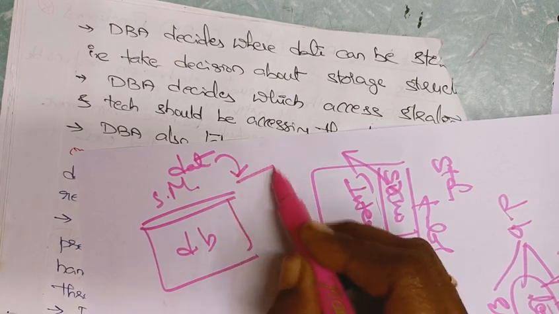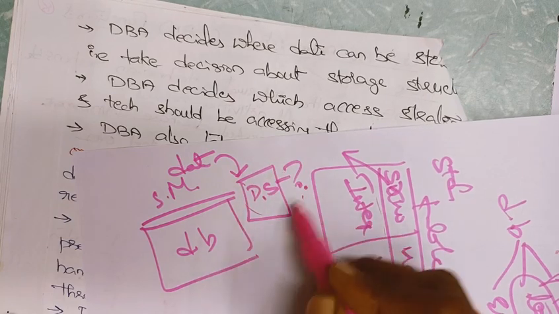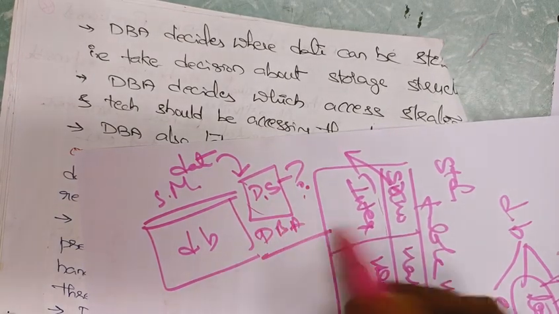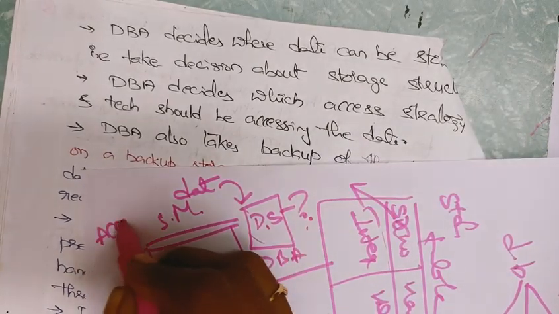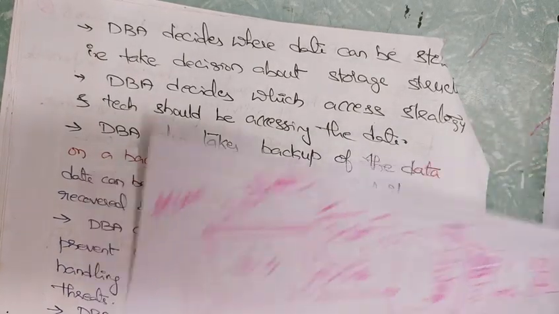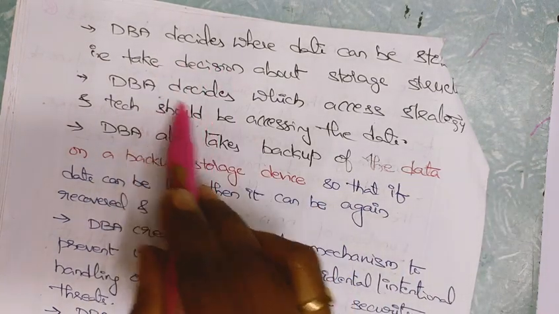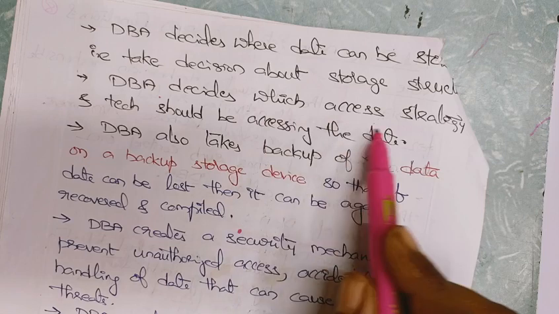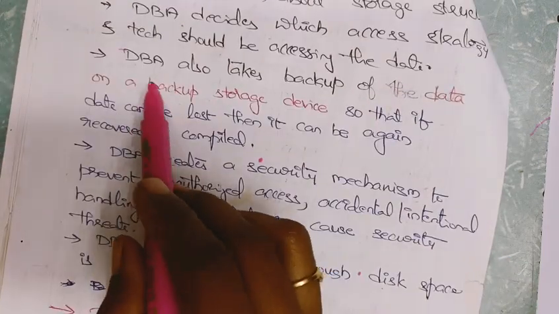To store this data, which data structure is used will all be taken care of by the database administrator only. And what type of access and storage techniques will be used will also be taken care of by the database administrator only. The database administrator decides which access strategy and technology should be used for accessing the data.